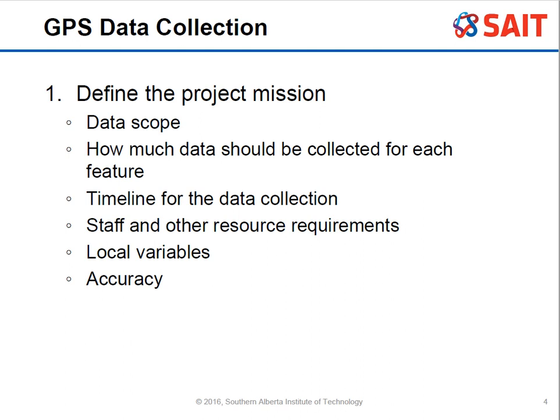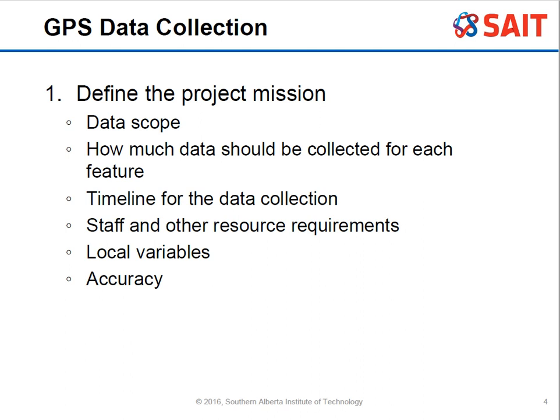You also need to know the timeline because things can change over time. And you could spend hours and hours and hours out there, but you may not need to be out there. You may only need to generalize a certain feature or features, and you can collect the data faster. You need to define what staff you need and any other resources and any other local variables.